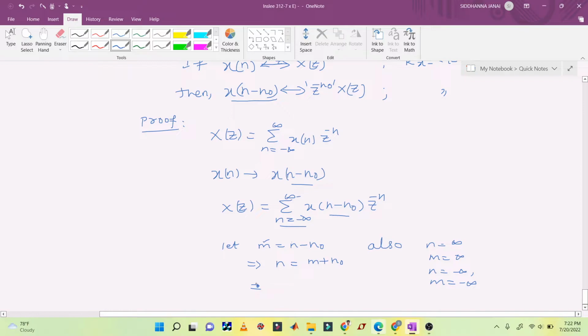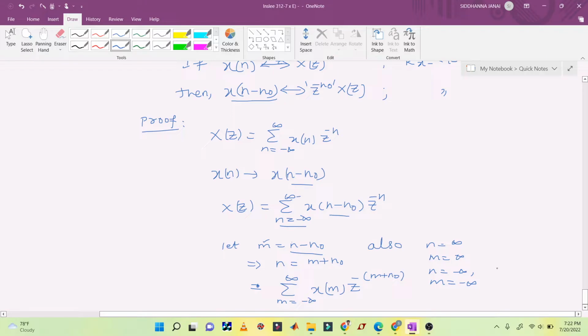That's why we can change the limits easily, saying m from minus infinity to plus infinity of x[m], because I am replacing this n minus n naught by m, and z power minus n is there. So what is n? n is nothing but m plus n naught.